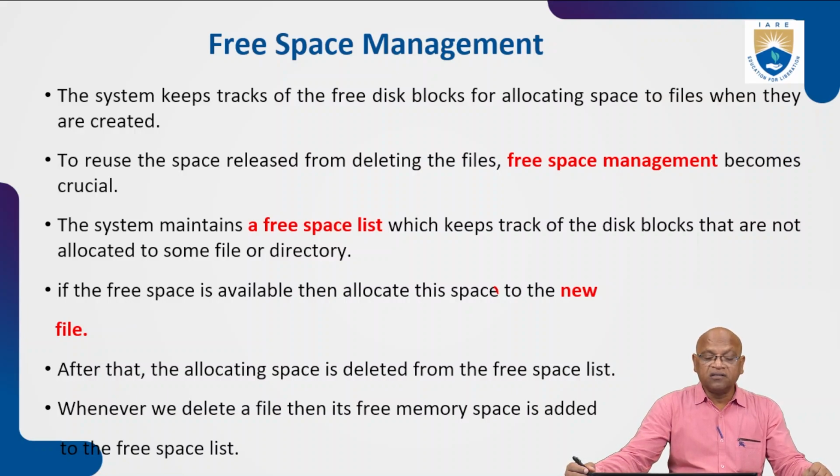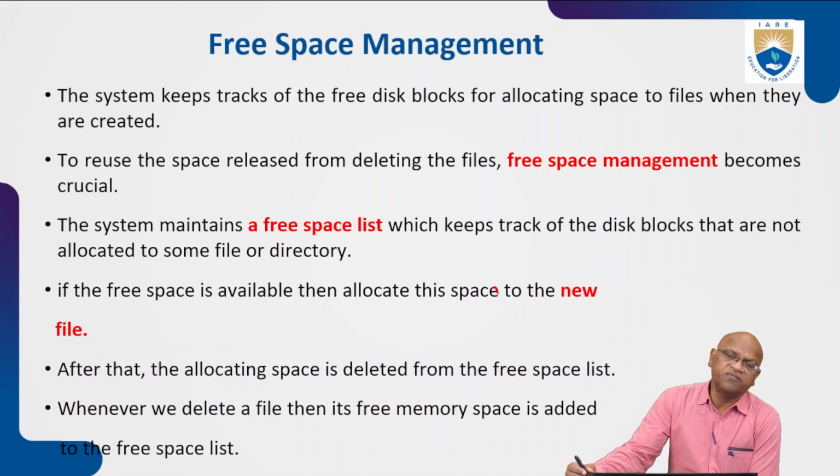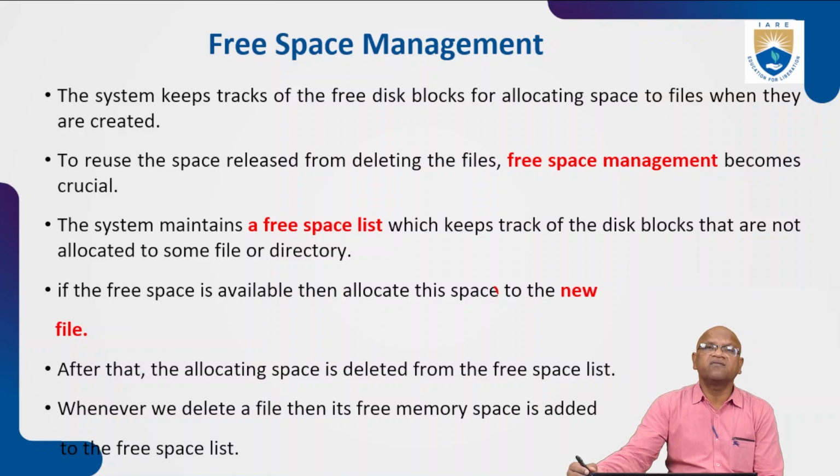So the system maintains a free space list, because it needs to know which block is free once you delete a file. The system maintains a free space list which keeps track of the disk blocks that are not allocated to any file, because once you have deleted a file, those blocks are free. That list is maintained by the OS.